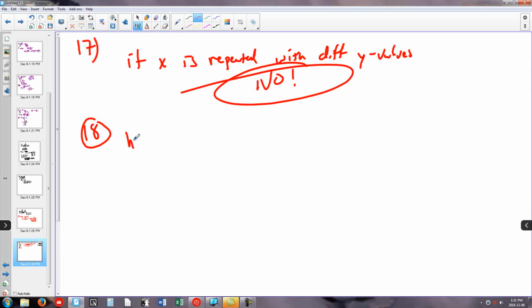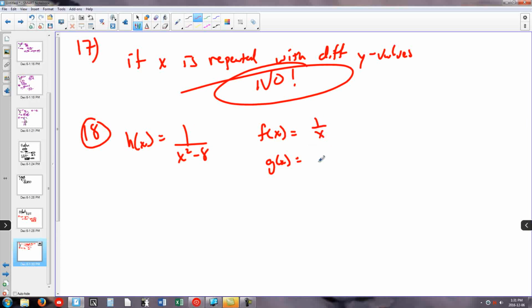18. We have h of x equals 1 over (x squared minus 8). And our job is to rewrite this equation in terms of two functions that could be composed together. There is more than one way to do this, but for me, this is the way that I saw it. And if you have questions about other varieties, you could just come talk to me. I see this as 1 over something.